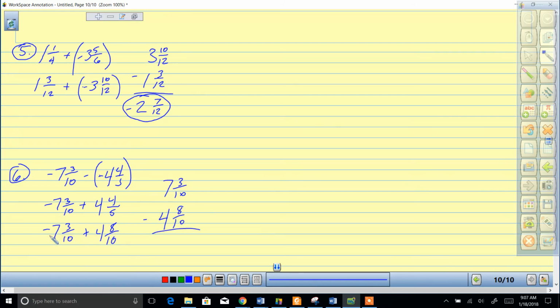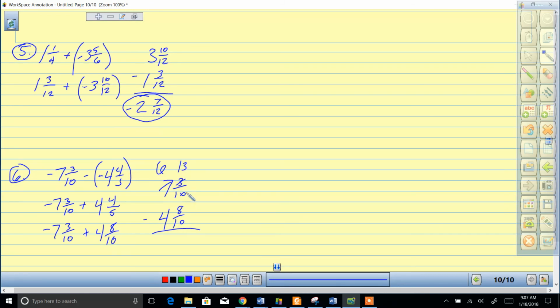If we look at these two, the negatives are going to win the battle, but we have a problem here. We can't just do 7 minus 4 and 3 minus 8, because 3, you can't take 8 away from it. So you're going to have to borrow from the 7 to give you 6. And this doesn't always happen, but since our denominator is 10, we're going to add 10 to our numerator.